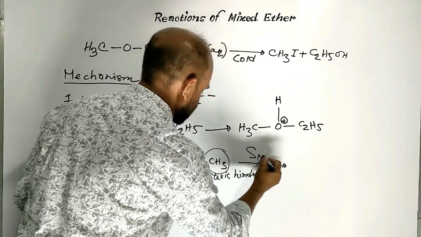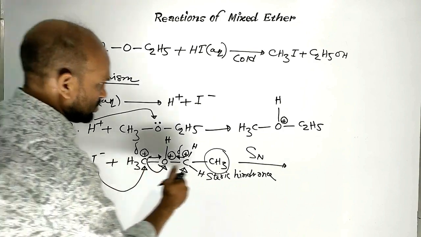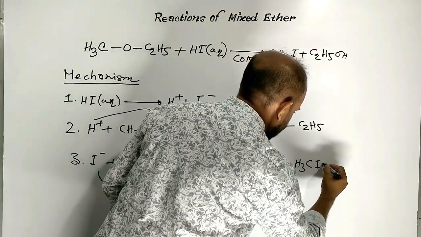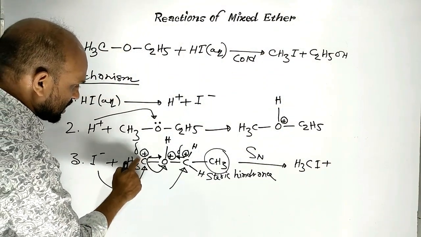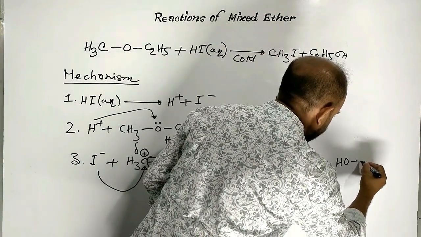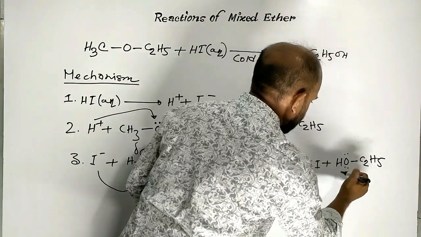Nucleophilic substitution. Nucleophile attacks this methyl group carbon to form methyl iodide, and after breaking carbon oxygen bond, ethanol is formed, which is a kind of neutral nucleophile.